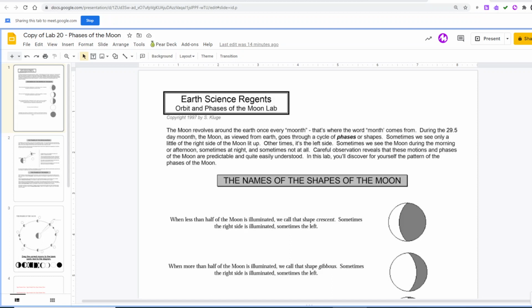Other times it's the left side. Sometimes we see the moon during the morning or afternoon, sometimes at night, and sometimes not at all. Careful observations reveal that these motions and phases of the moon are predictable and quite easily understood. So, in this lab, we'll discover for ourselves the pattern or phases that the moon goes through.